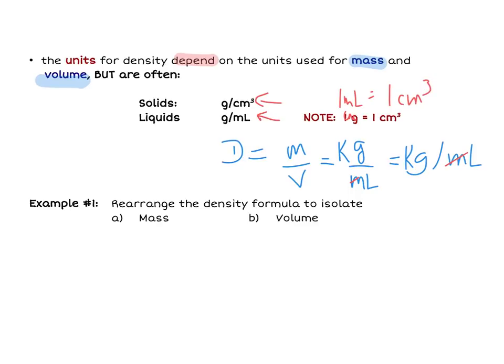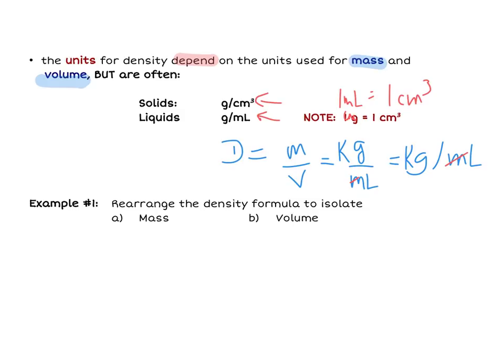There we go. All right, so we're going to do a little bit of rearranging. We can see in this formula up here that density is equal to the mass divided by the volume. And that equation works fine as is if you were solving for density. But let's just say the problem that you're asked to solve gives you the density and gives you one of the other two variables, and you need to solve for the third variable.